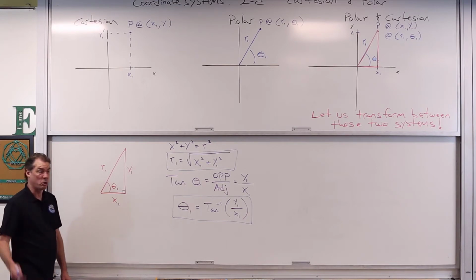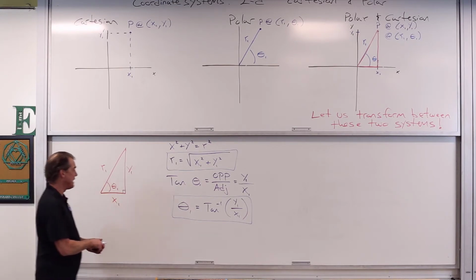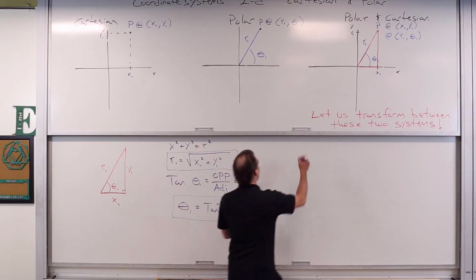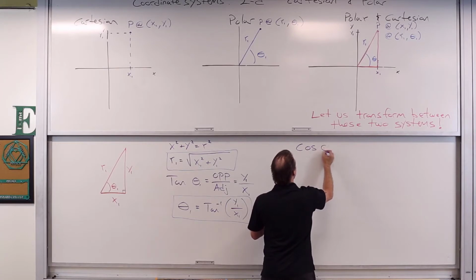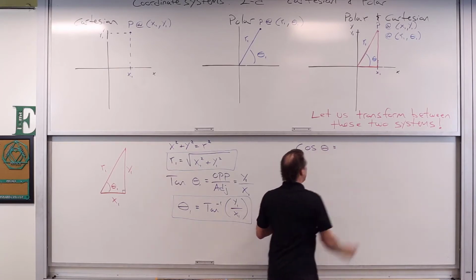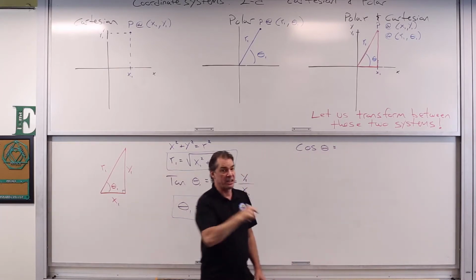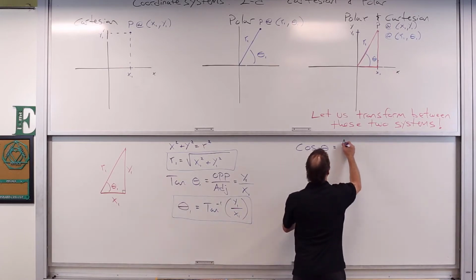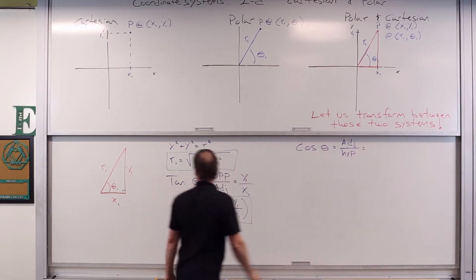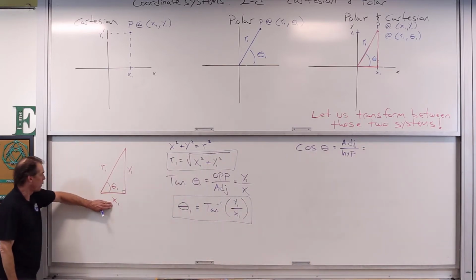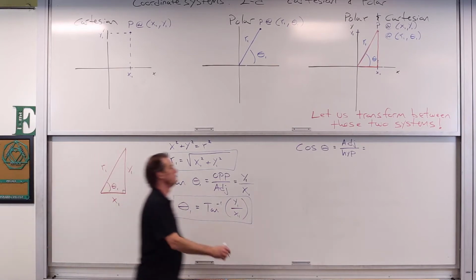Well, let's go back to some other trigonometric identities. We'll start with cosine. Cosine of an angle is defined as adjacent over hypotenuse, which in this case would be x1 over r1.